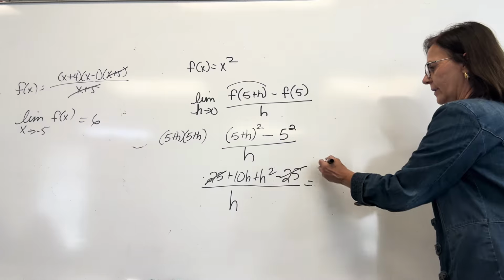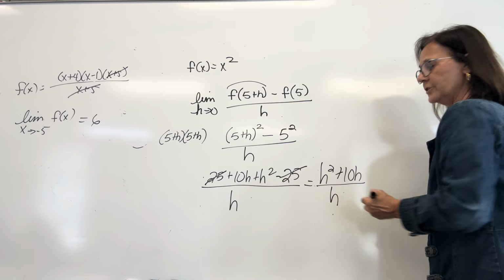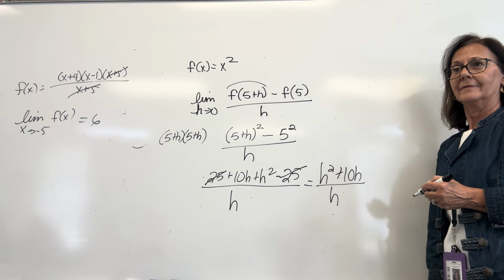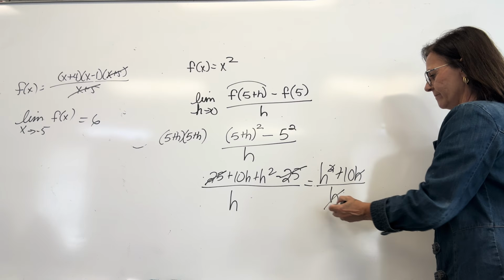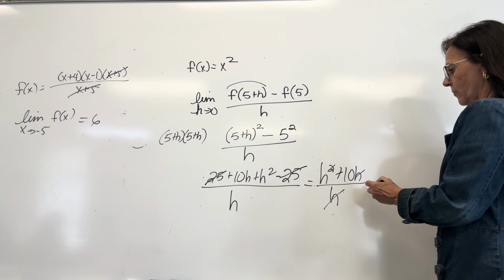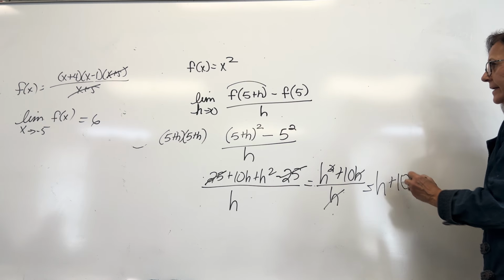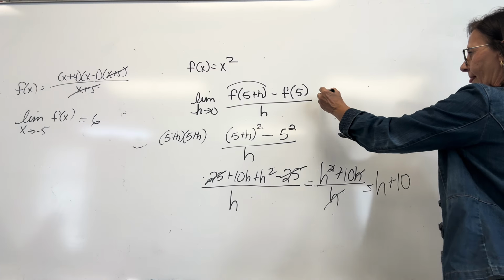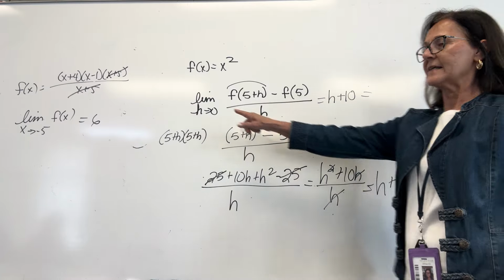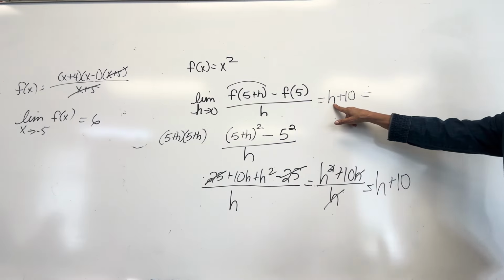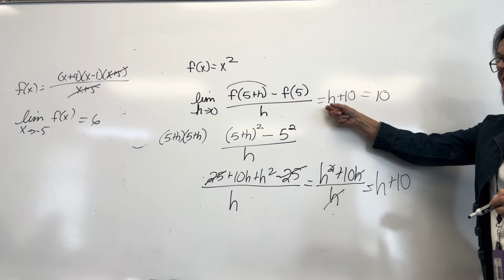We're left with h squared plus 10h over h. Factor out h. An h can come out of every term. So we're left with h plus 10. So what's the limit as h approaches 0? Just put in 0 for h.